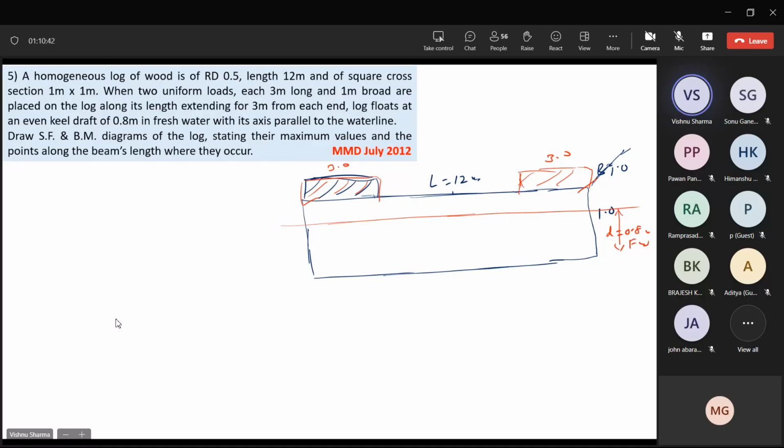Draw the SFBM diagram. Guys, if you see, the weight of the log will become the light displacement in this case. Yes or no, guys? Weight of log will be light displacement. Yes or no? Am I right? Please let me know if there's any challenge. Correct? Does everybody agree?